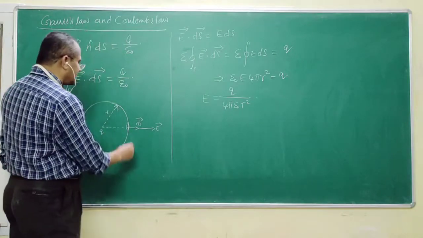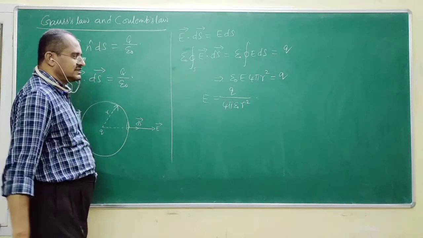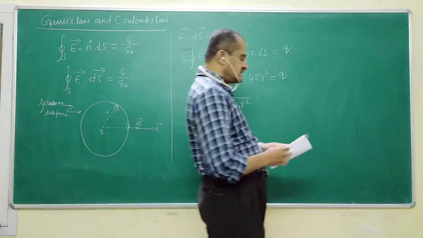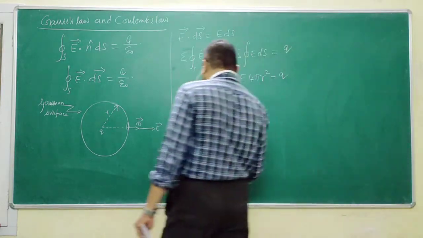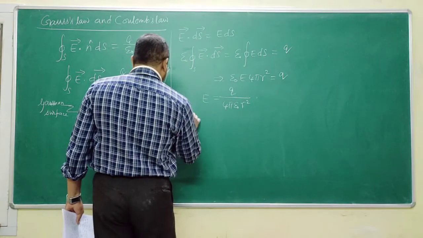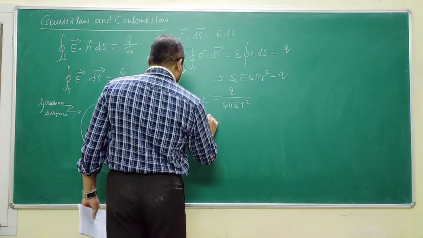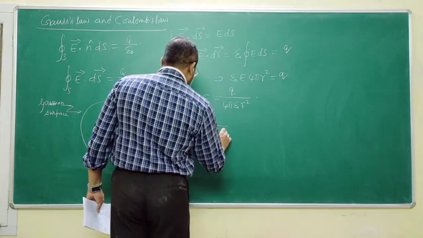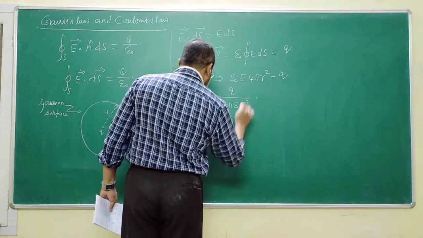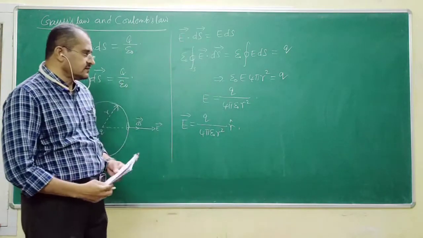This is the electric field at any point at distance r due to this point charge. Now this can be expressed in vector form like this: E vector is equal to q by 4 pi epsilon naught r squared into r unit vector.